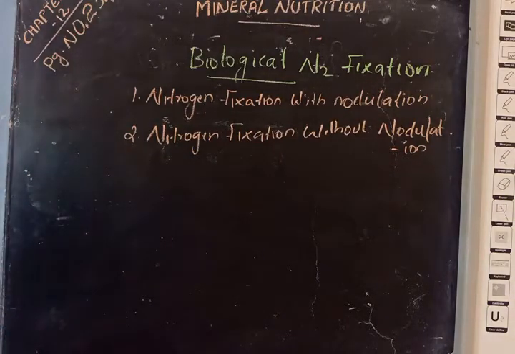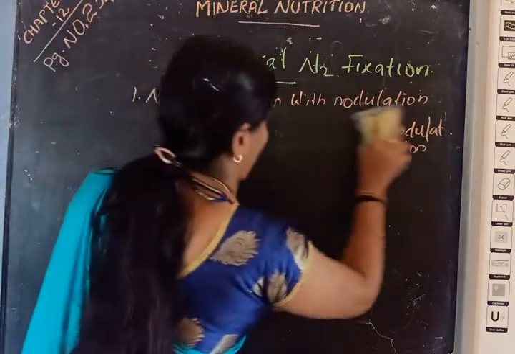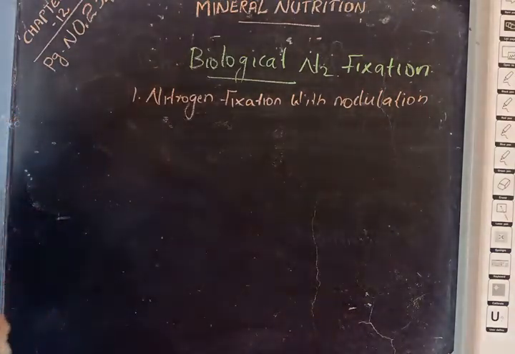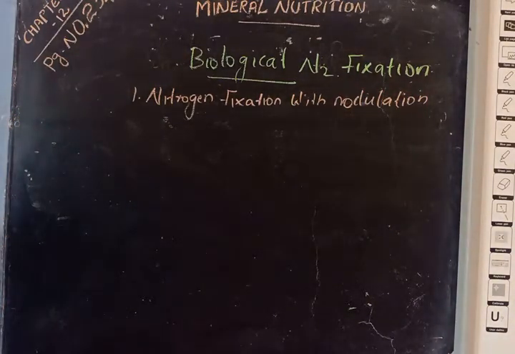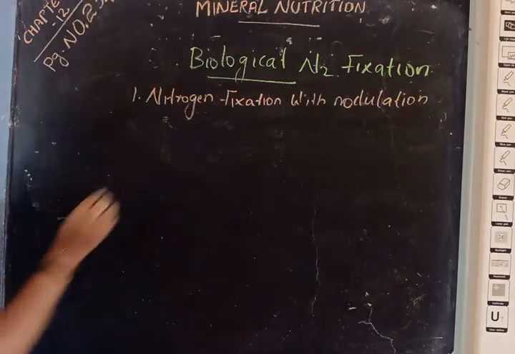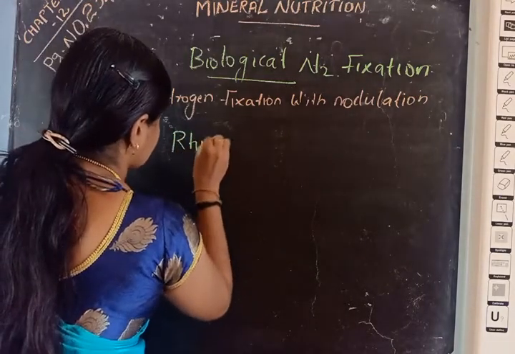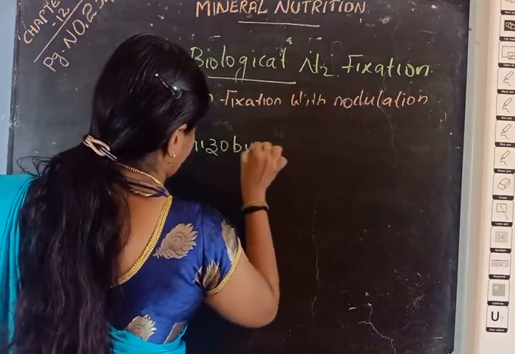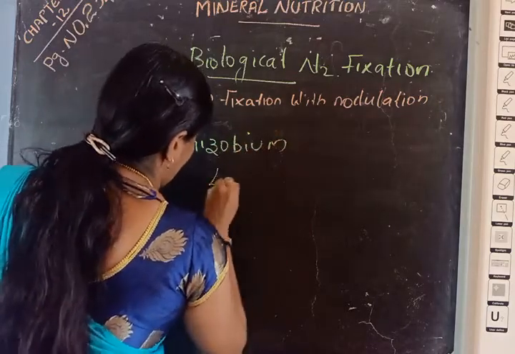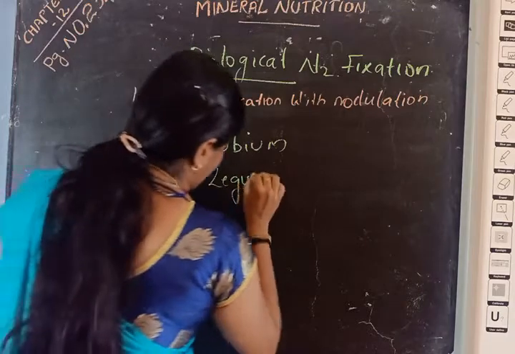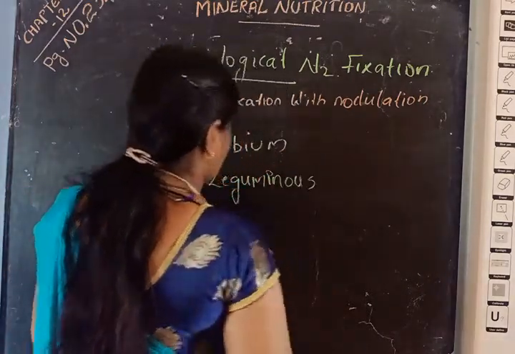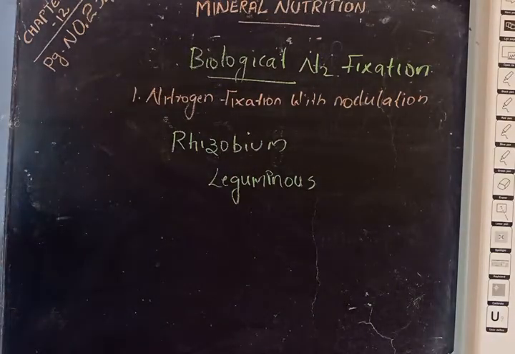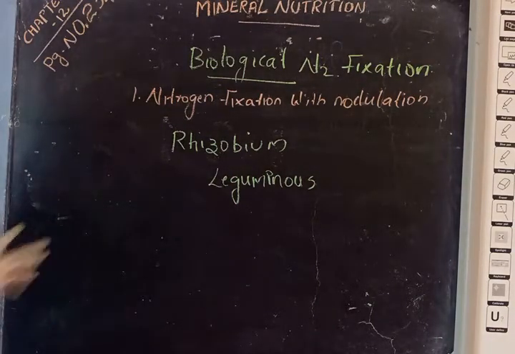Now first we can look in detail at nitrogen fixation with nodule formation or nodulation. Rhizobium is a bacterium that is found in leguminous plants. Leguminous plants are plants included in the family Leguminosae. The old name of the Leguminosae family is Fabaceae.